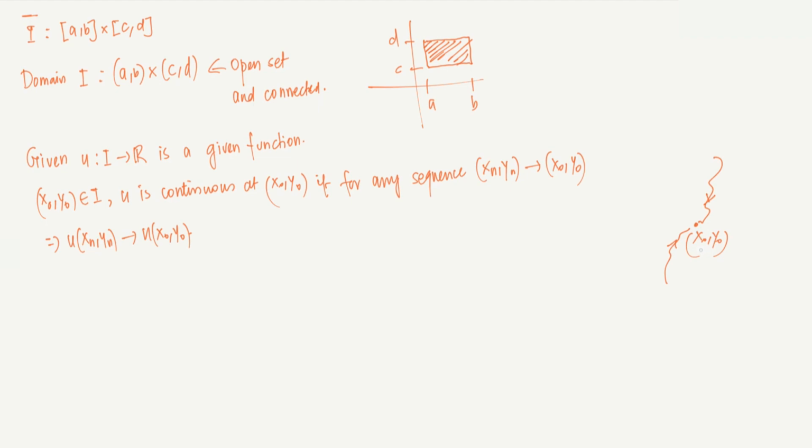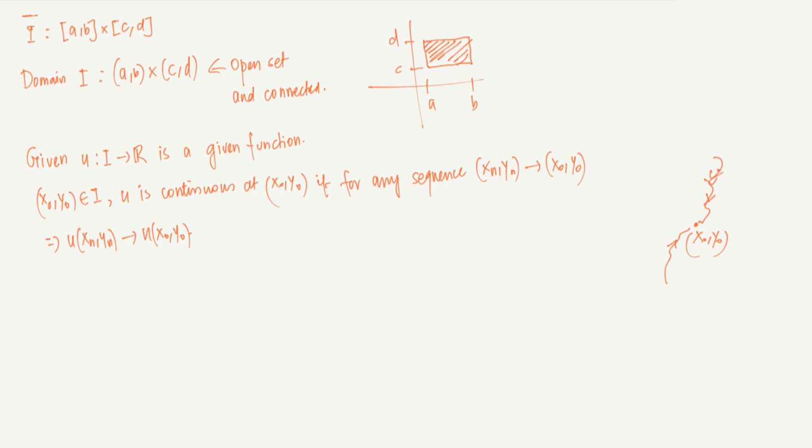What we are saying is, u is continuous if it doesn't really matter which path you take towards x naught y naught. Along that path, you take any point close enough, and the functional value of u at that point should also converge to u of x naught y naught.